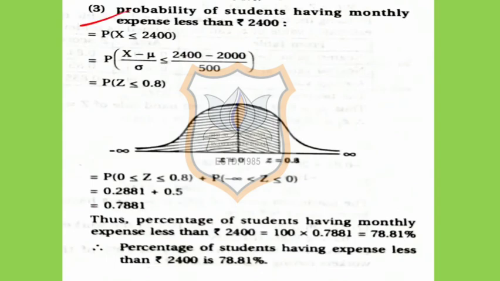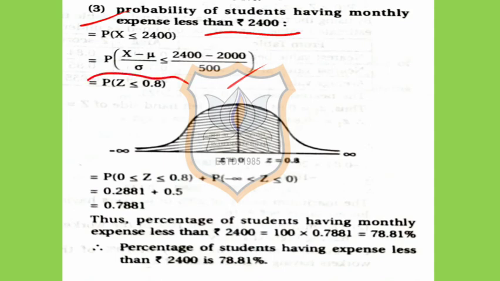Now let's solve the third case. The probability of students having monthly expense more than 2400. More than 2400 means x is 2400. So let's find the value x minus mu upon sd. So we will have 2400 minus 2000 upon 500.